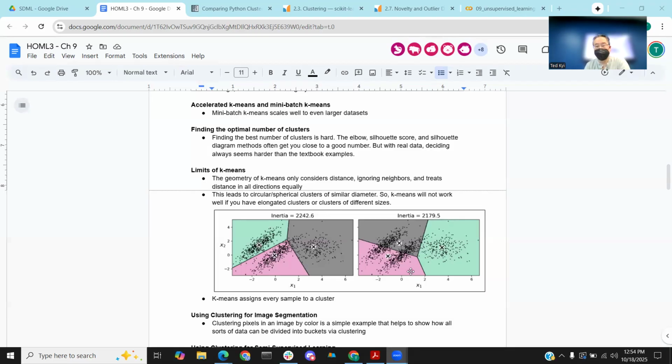And if you just look at this inertia number, technically the inertia is lower for the one on the right. So if we were doing our principled thing and going for the lowest number, then this one is quote unquote better, but intuitively in low dimensions, you and I look at it and say, no, that's not right.